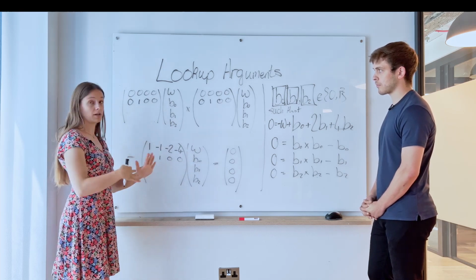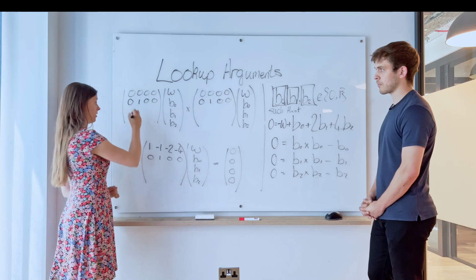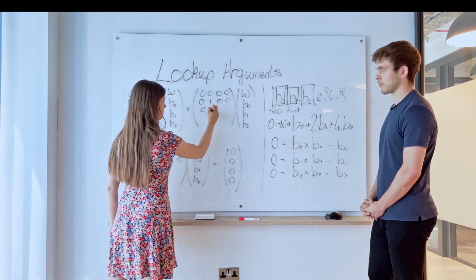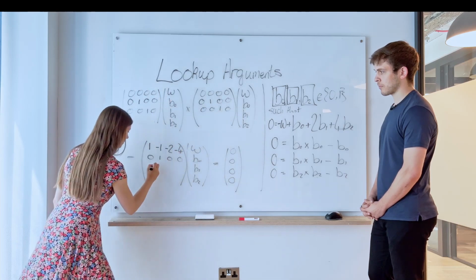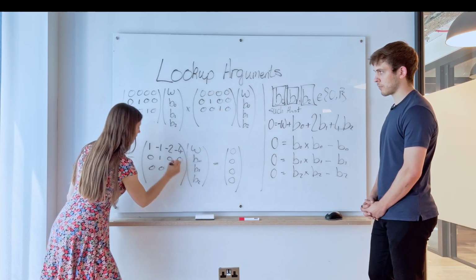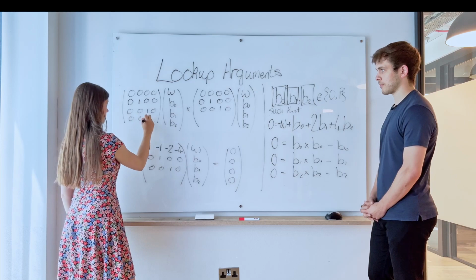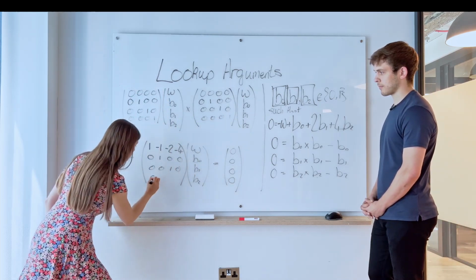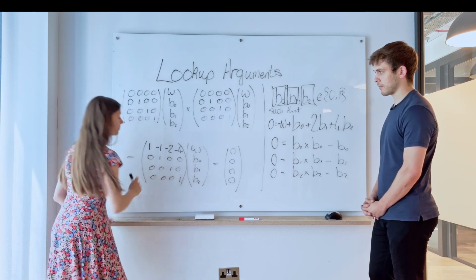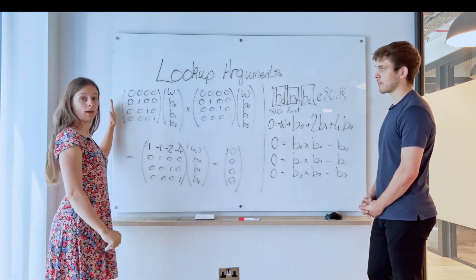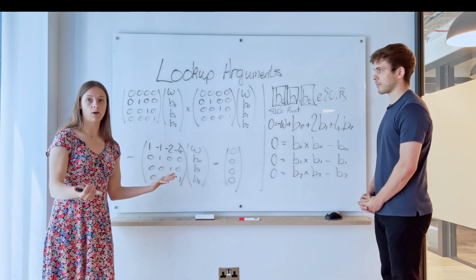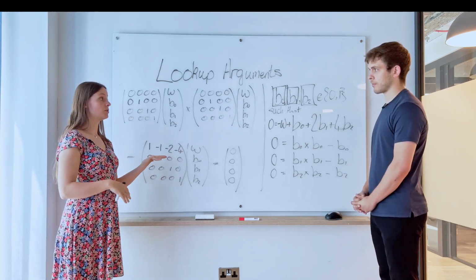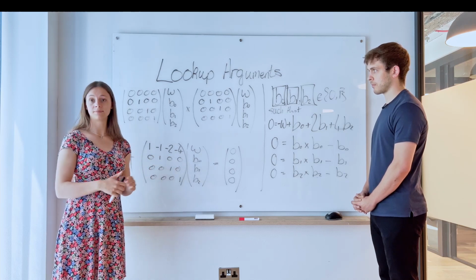The other binary constraints are all the same, so we do the same thing: 0, 0, 1, 0, 0, 0, 1, 0, 0, 0, 1, 0, 0, 0, 0, 1, 0, 0, 0, 1, and 0, 0, 0, 1. And there you have it. This would be an R1CS way of representing that W is between 0 and 8.